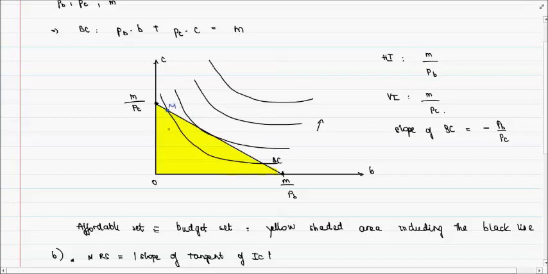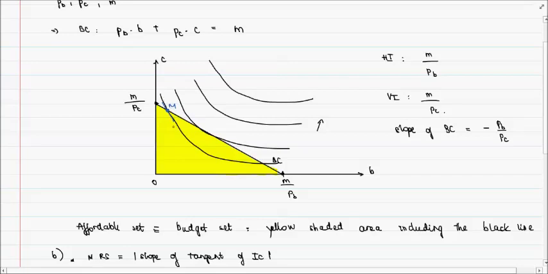Now at bundle M, the tangent of the indifference curve is going to be this, the blue line.